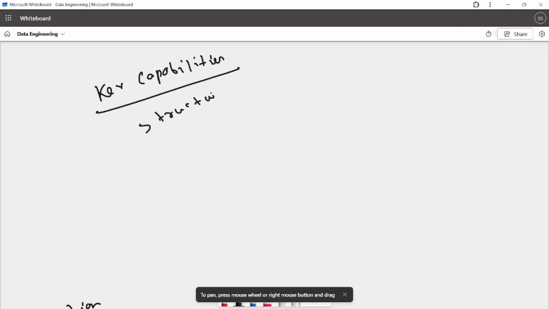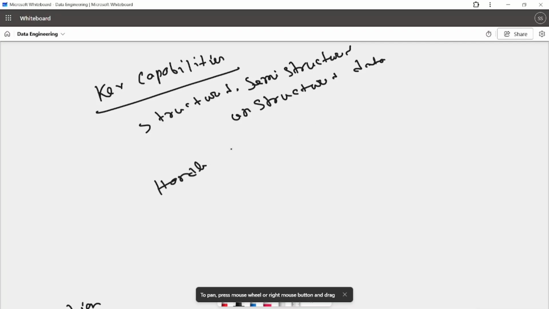Key capabilities. It stores structured, semi-structured, and unstructured data. Next, it handles petabyte scale workloads. It supports low cost storage.